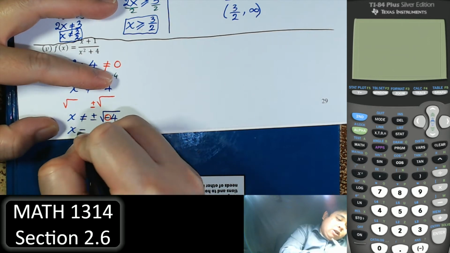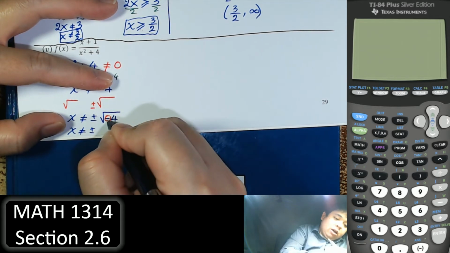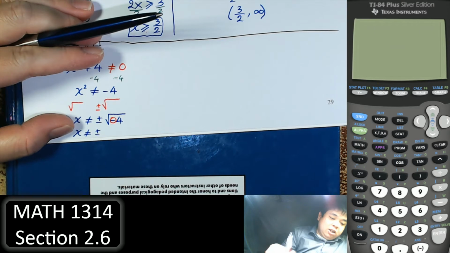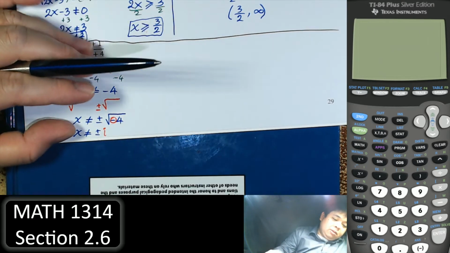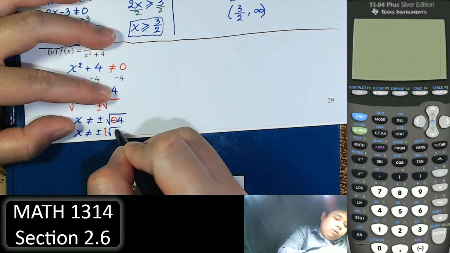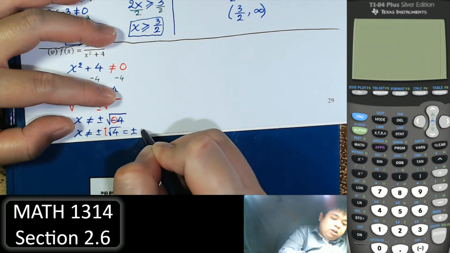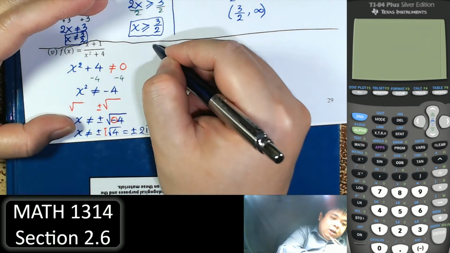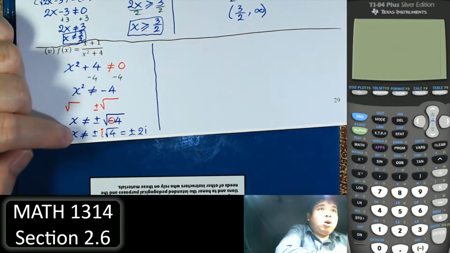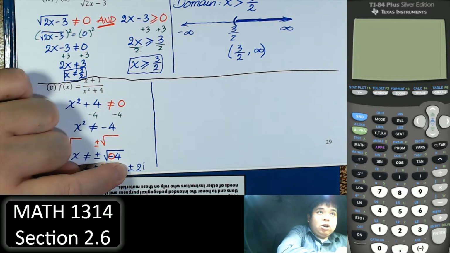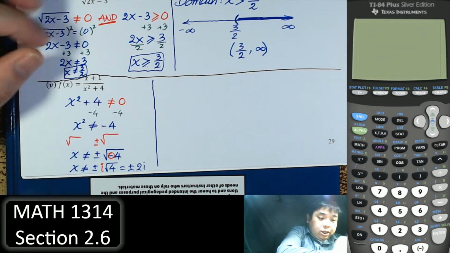So x not equal to plus or minus, that negative inside square root is i, and then square root of 4, which is plus or minus 2i. Right, so as long as x not equal to plus or minus 2i, we are good.